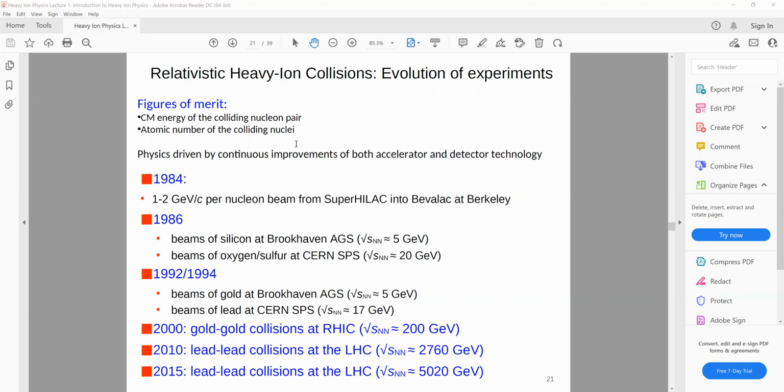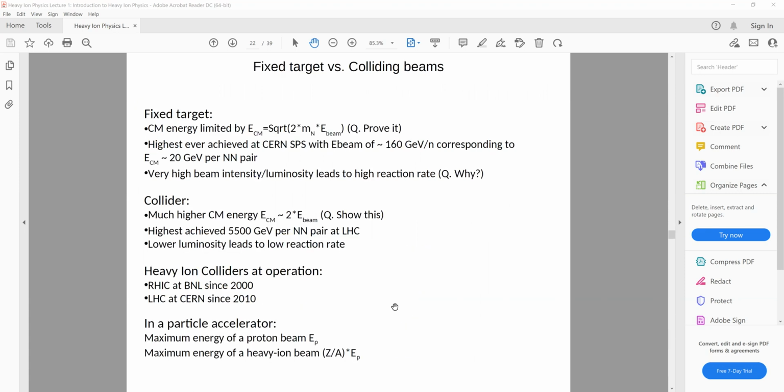And in 2015, there were lead collisions at the LHC with an even higher beam energy of 5020 GeV. There might be a mistake; it is 5.5 TeV actually.